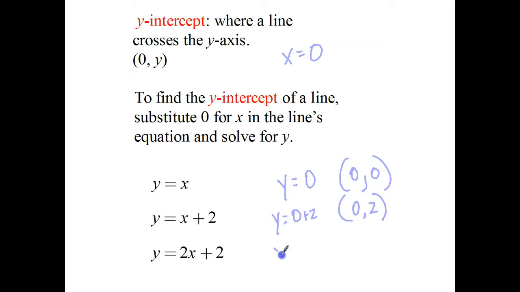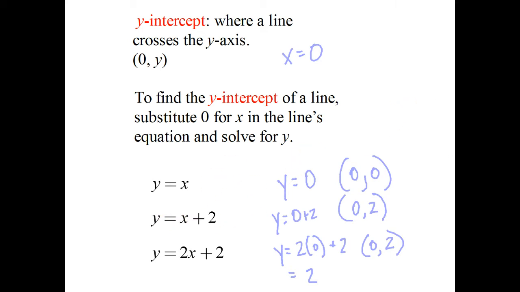And finally, this last one, you plug in 0, and you get y equals 2 times 0 plus 2, which is also equal to 2. So (0, 2). What I want you to notice is what happens as you plug in 0 here.